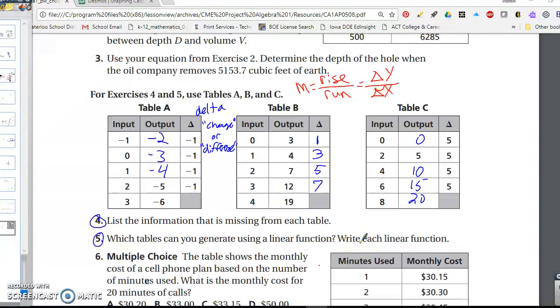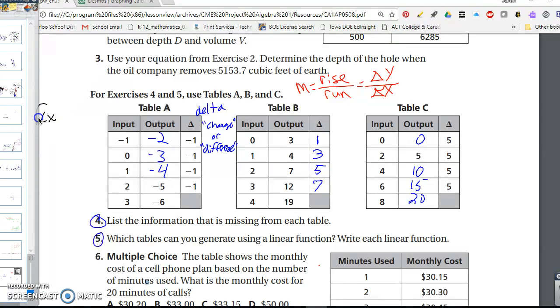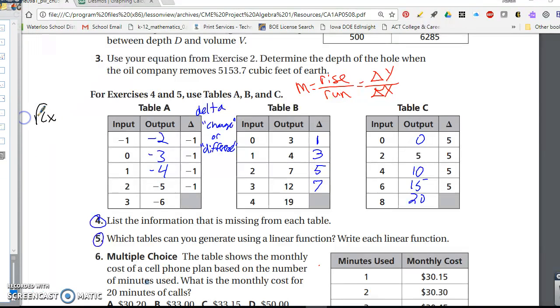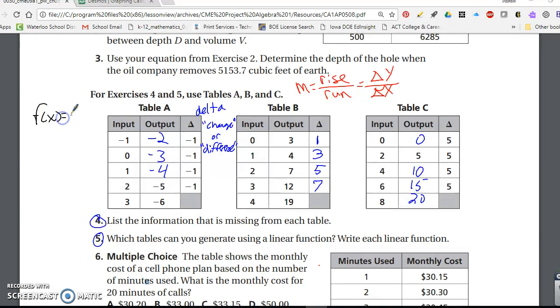And according to directions down here, I'm going to write that linear function. So I know my linear function is going to be of the form f of x equals mx plus b.